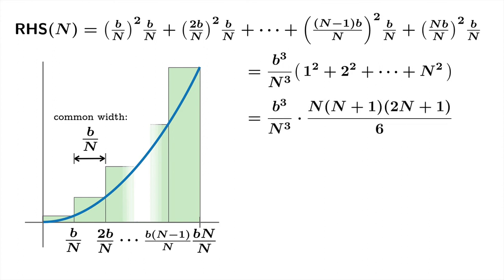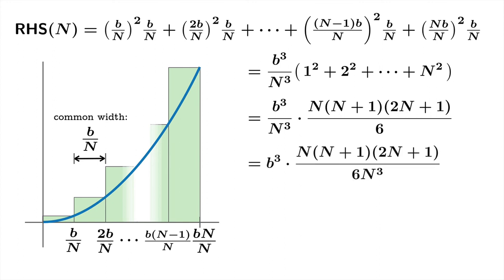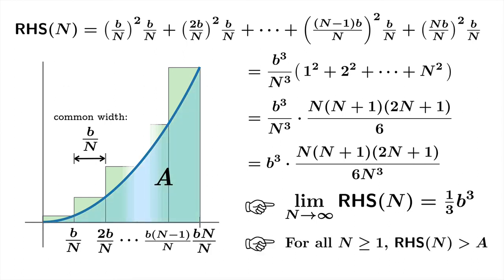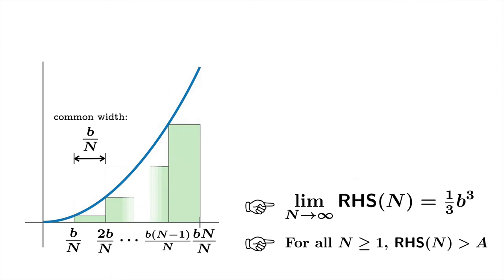We can apply our sum of squares formula. We can move the n cubed on the inside. And now we have this expression on the right whose limiting value as n goes to infinity is 1/3. So the limiting value of the right-hand sums is 1/3 b cubed. And we also know that for all n greater than or equal to 1, the right-hand sum is still larger than the area we're looking for.